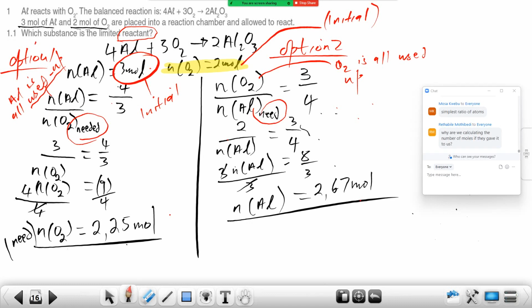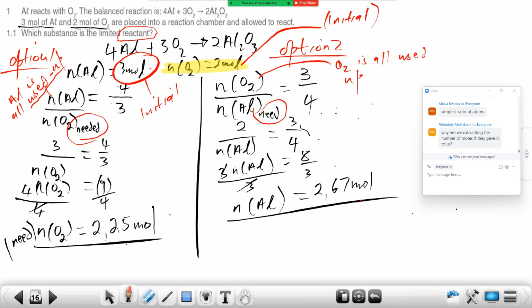But we want to know, for aluminium to react completely, how much oxygen do we need? So we need 2.25 moles of oxygen. For this reaction to take place completely, we need 2.25 moles of oxygen.